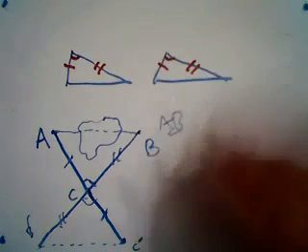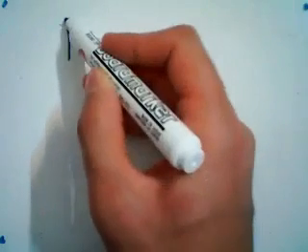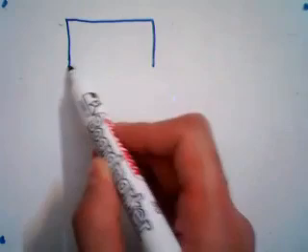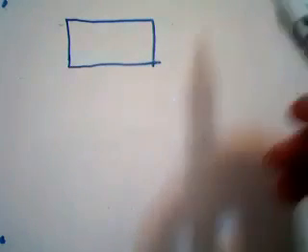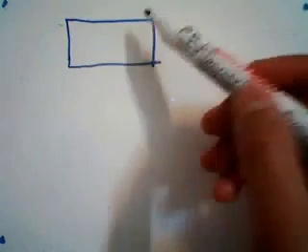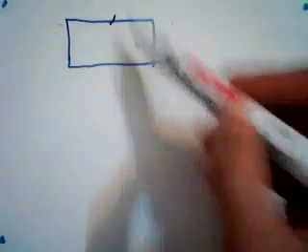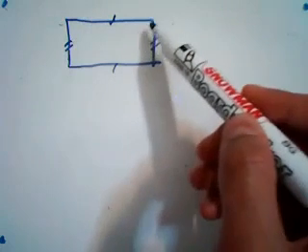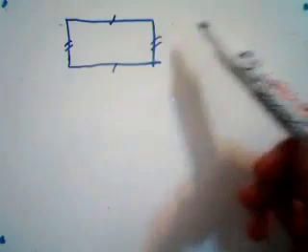Let's have another example. Let's prove a theorem which says in every rectangle, a rectangle got four sides, in which this equals this and this equals this, and all of the angles are right angles.